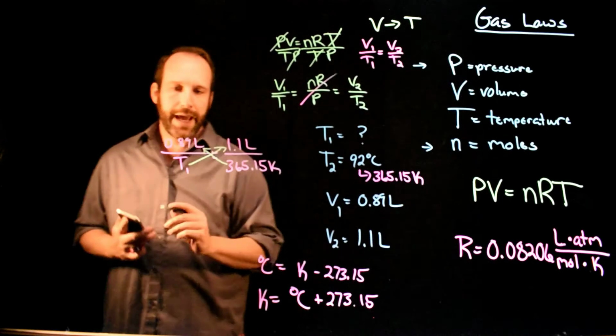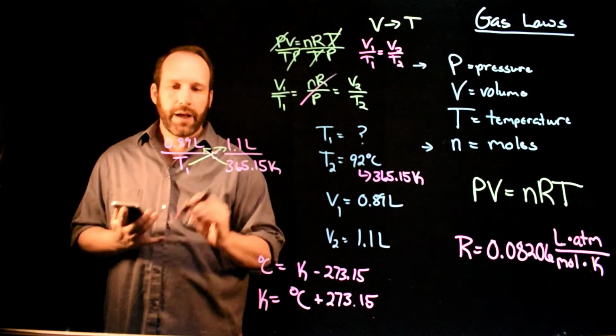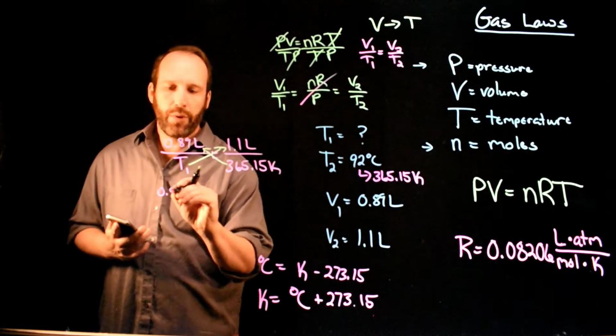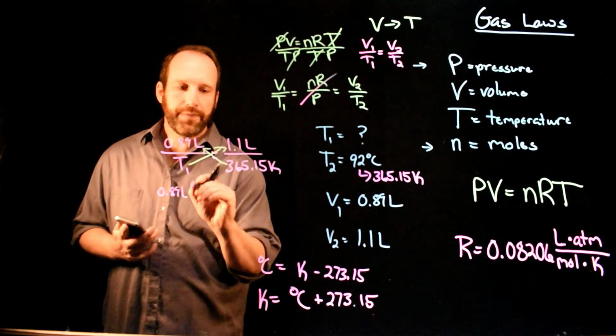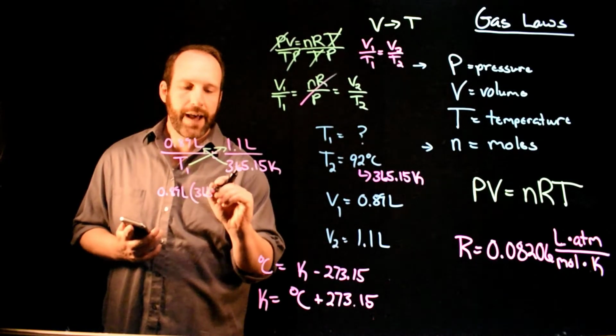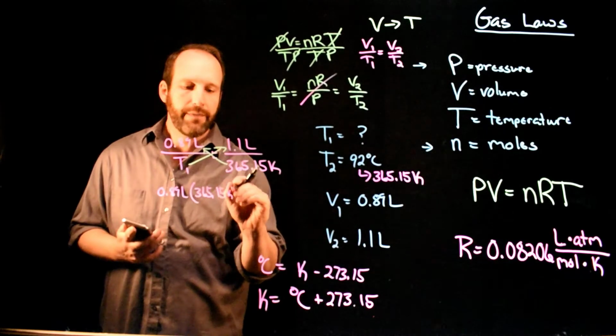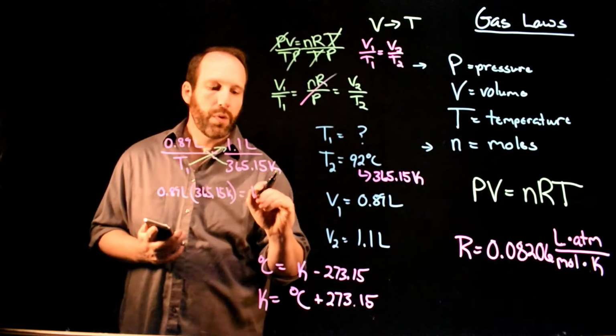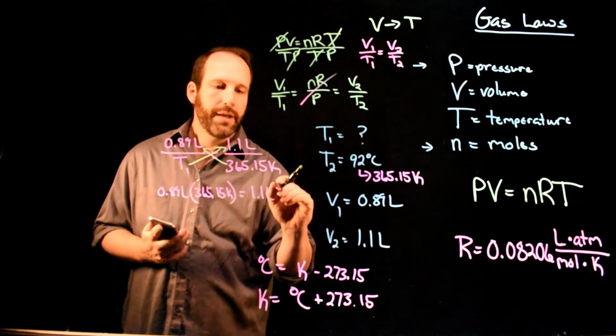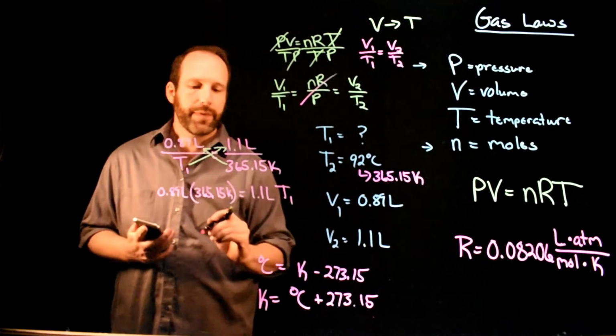So I can say that 0.89 liters times 365.15 Kelvin is equal to 1.1 liters times T1. Okay?